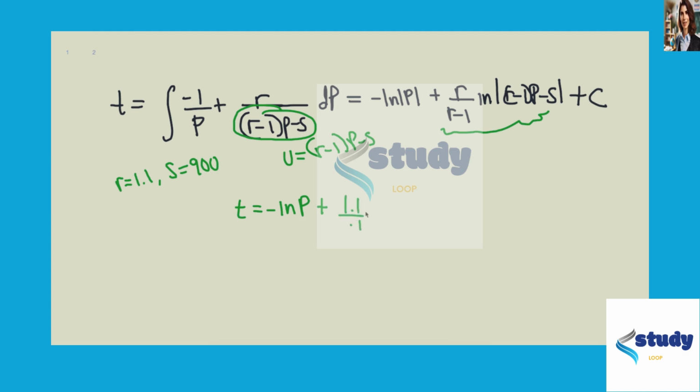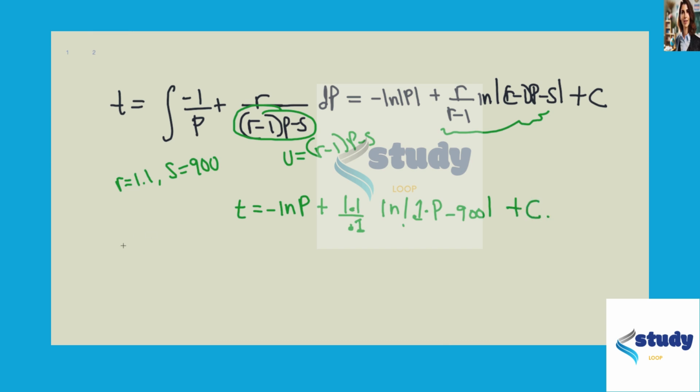Plug in r, and then r minus 1. That's a 0.1 down there. And then natural log absolute value, r minus 1 is 0.1, and then times p, and then minus 900. Absolute value plus C.